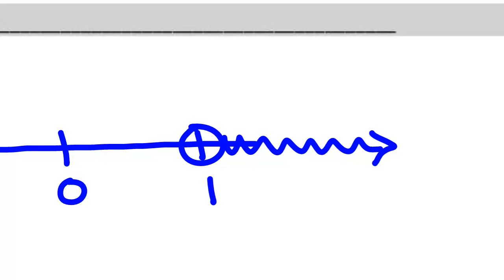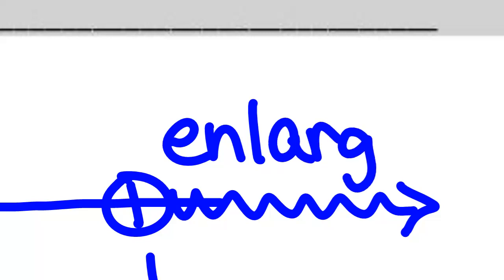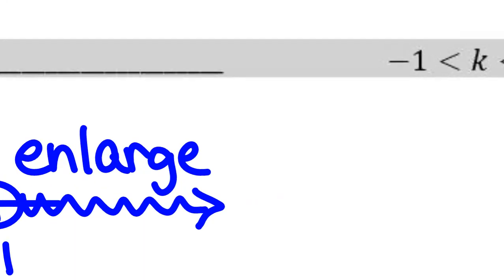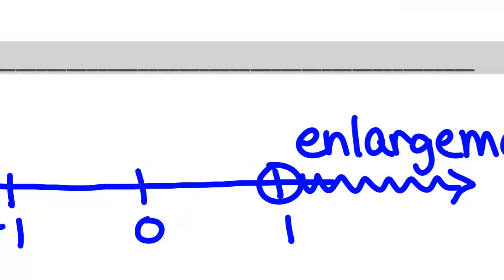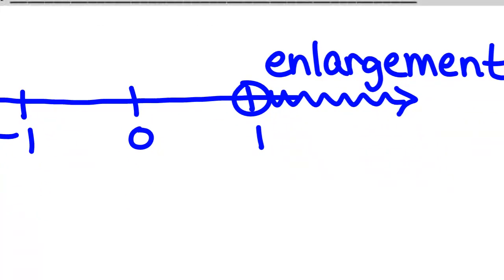We said that for things that are bigger than 1, we call that an enlargement. What would we call it if it's in between 0 and 1? Reduction, absolutely correct.